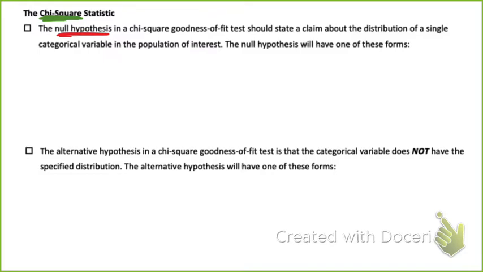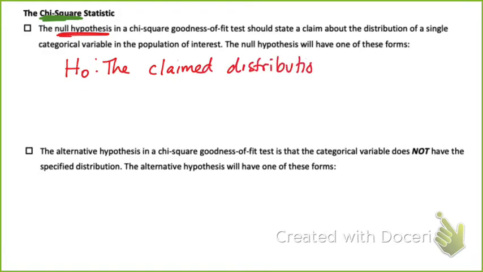What we are going to say, our null hypothesis would be this, that the claimed distribution is correct. We're going to give the M&M company the benefit of the doubt that they are not lying to us, because honestly, why would they, right? Why would they lie to us about the color distribution of the M&Ms?